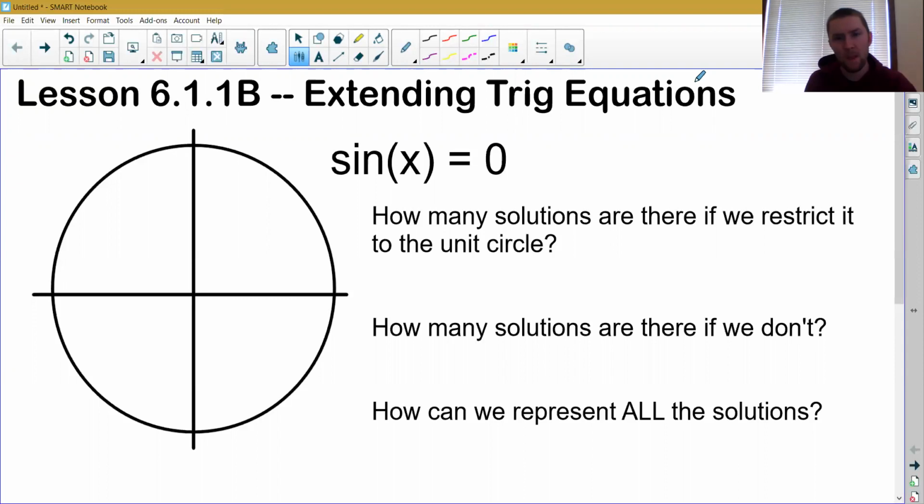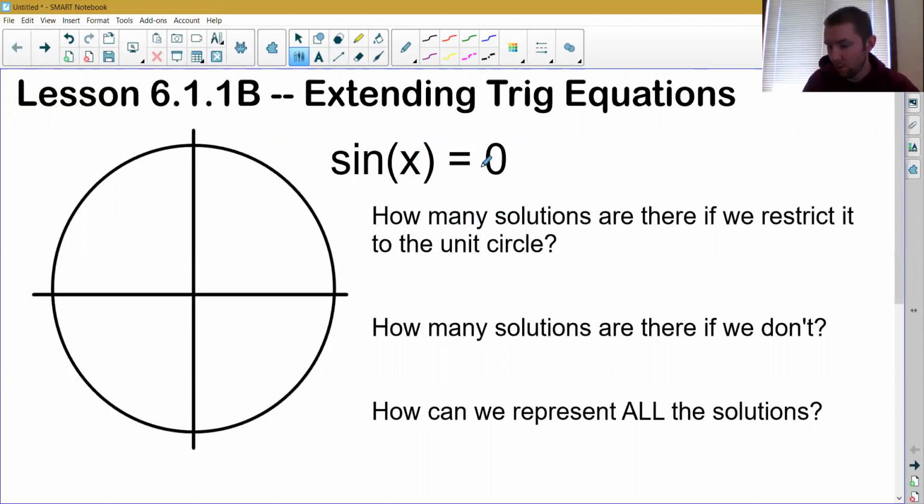And they're asking us about the solutions to the equation sine of x equals 0, which basically means on that graph, all the x-intercepts, all the times that the value of the function is equal to 0. As we can see there are a lot of them.